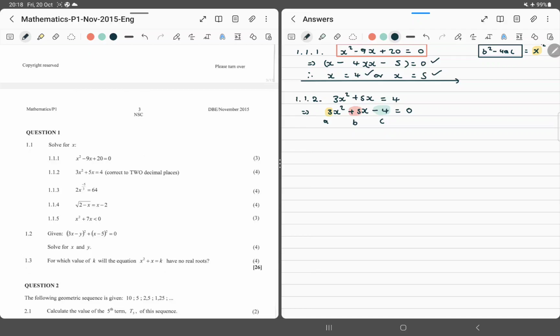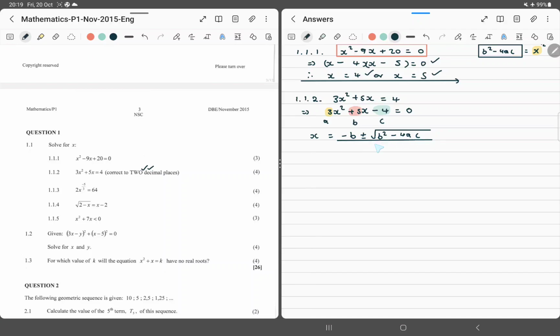When we check the discriminant, the clue here is correct to 2 decimal places, but at times they may just keep quiet and you have to decide. The discriminant is not a perfect square, so we're going to use either factorization by completing the square or the general quadratic formula.